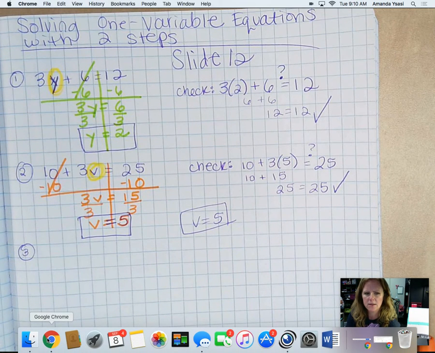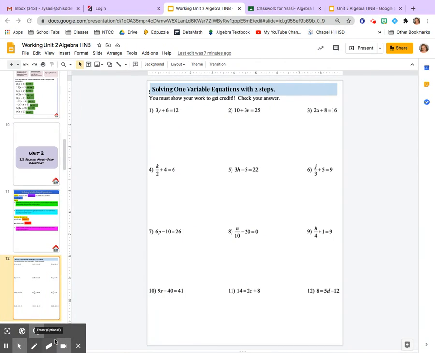Let's see. Okay, number 3. 2x plus 8 equals 16.